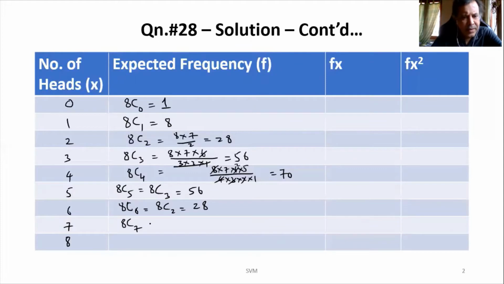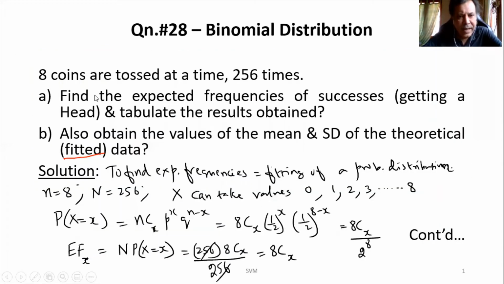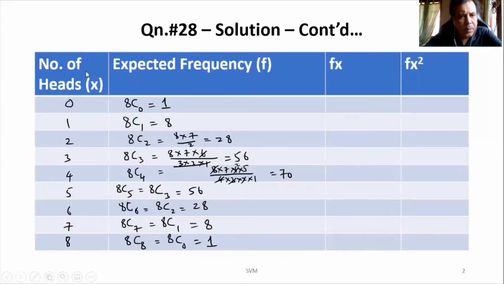Then 8C7 can be written as 8C1 using the same logic, which works out to 8. Then 8C8 is nothing but 8C0, which is 1. So we got all the expected frequencies. The question asks to find the expected frequencies and tabulate the results.